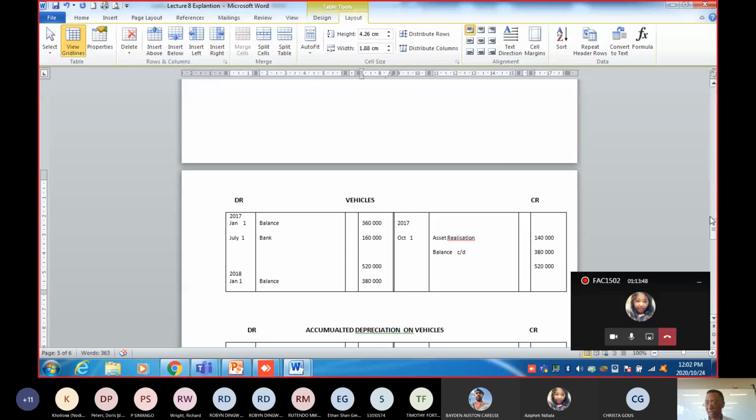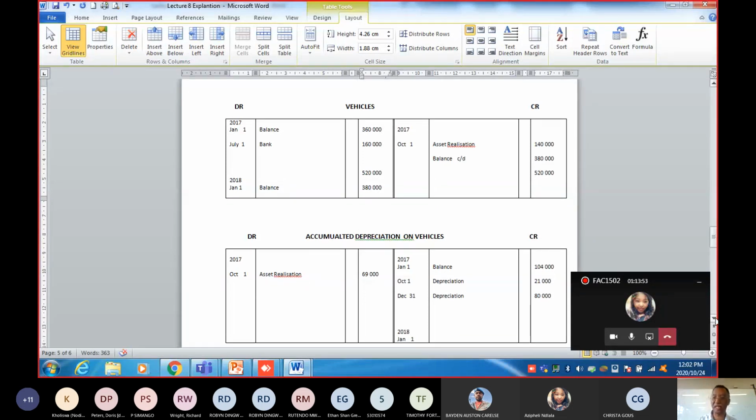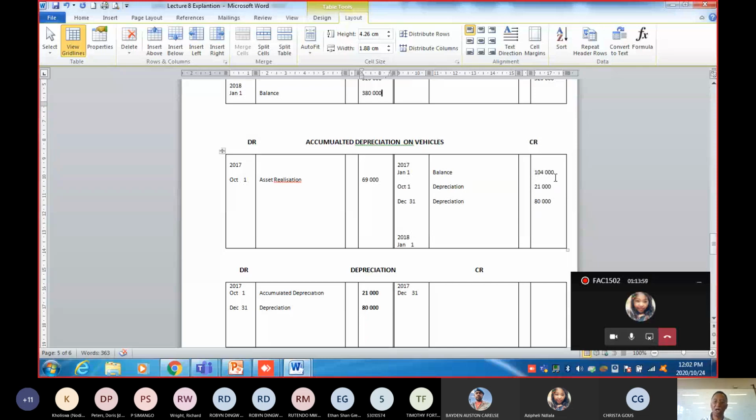What about accumulated depreciation? Your accumulated depreciation has started off with a credit balance of 104. On the 1st of October, we credited this account with 21,000. And on the 31st of December, there was a further credit of 80,000 Rand.